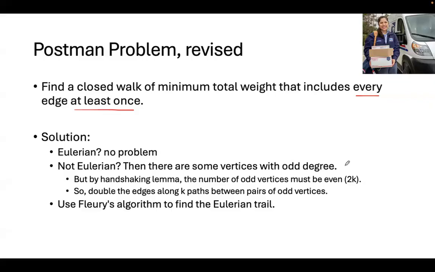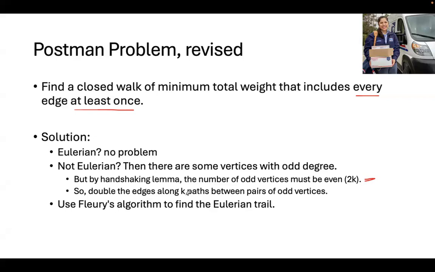So the way we solve this is that by the handshaking lemma, the number of vertices that have odd degree has to be even. Since that number is 2 multiplied by something, we want to double edges along these.